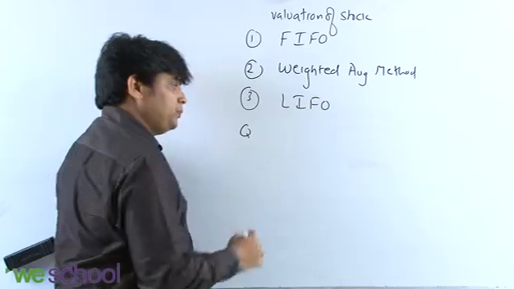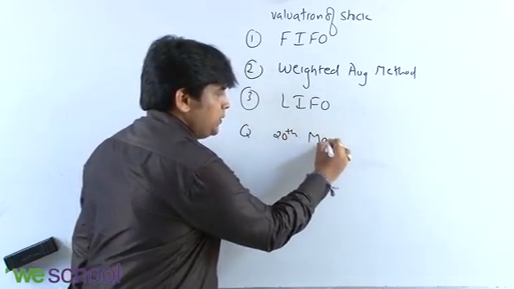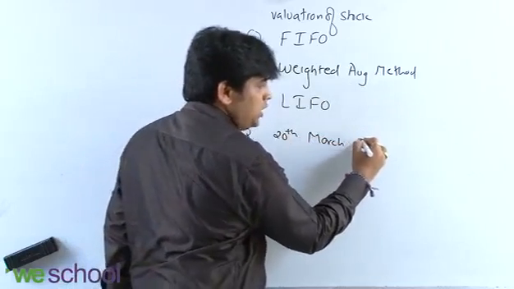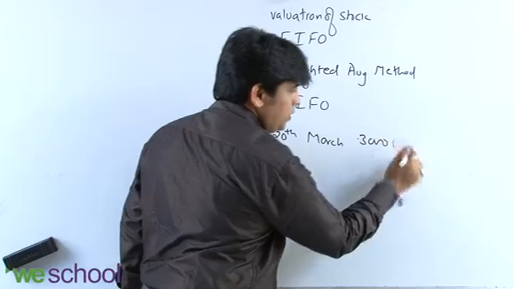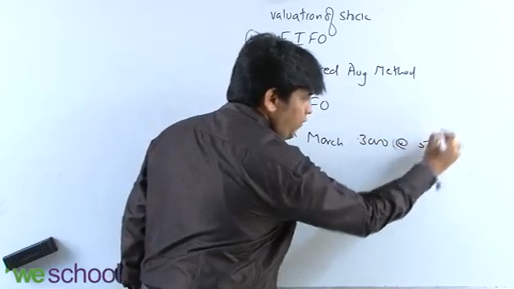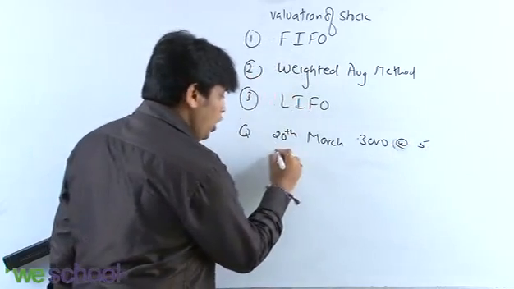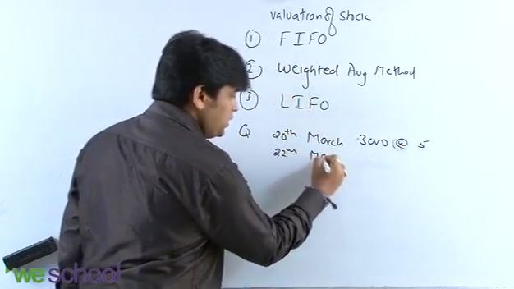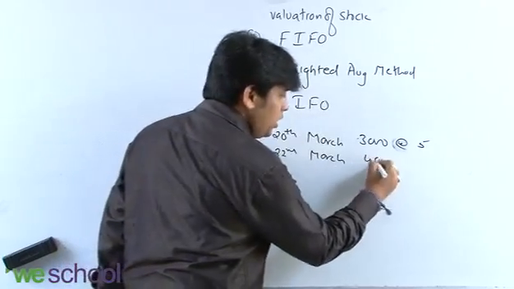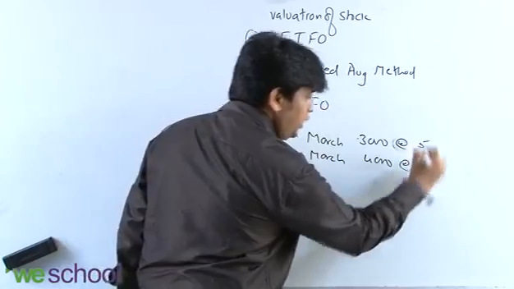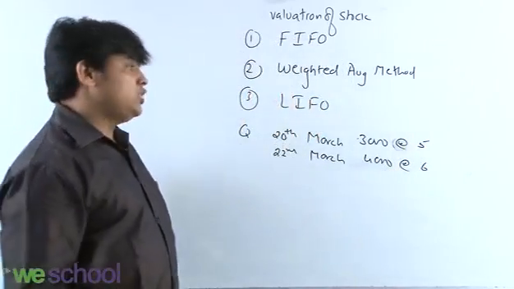Okay, so in this example, next question. On 20th March, purchased 3000 units at the rate of 5 rupees. Again, on 22nd March, the company purchased additional 4,000 units at the rate of 6 rupees.